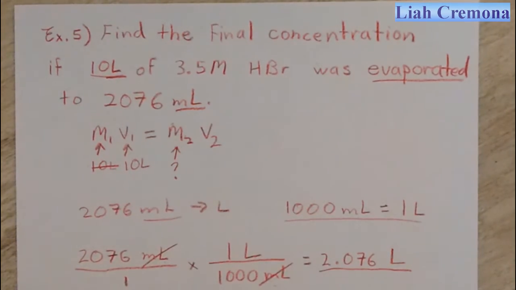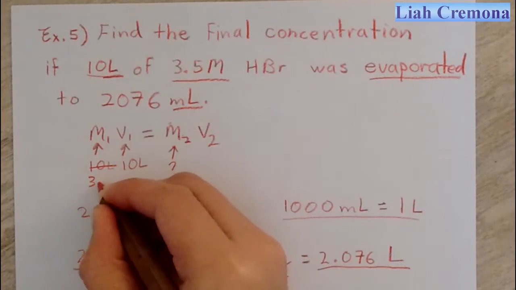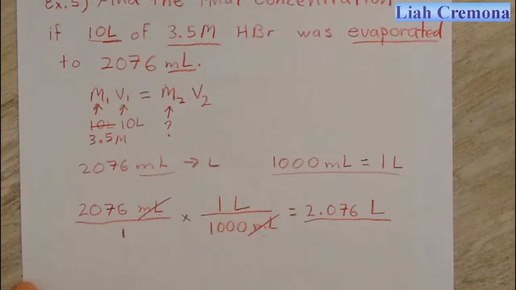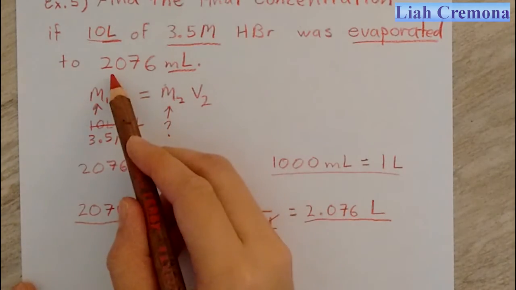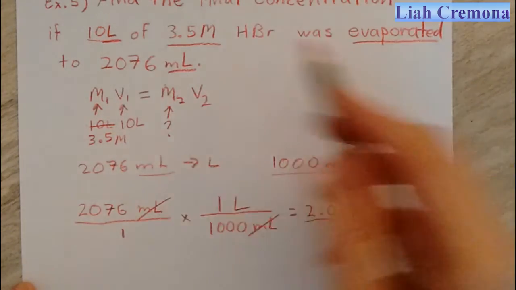And the initial concentration is 3.5. The final volume is 2.076 liters because it was evaporated to this volume.